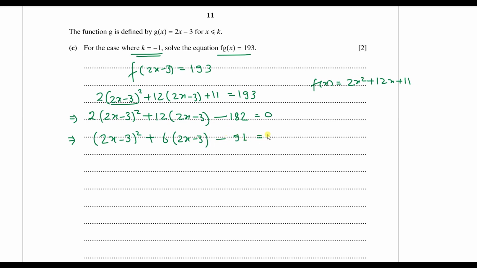So we can see it is quadratic in 2x - 3. So we can solve using 2x - 3 as another variable, and at the last we can find the x values.